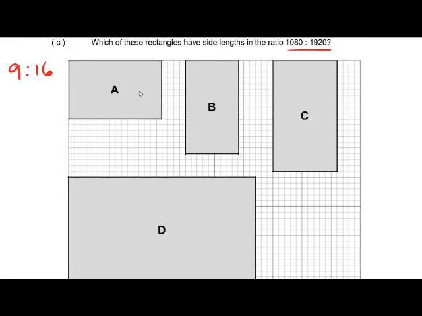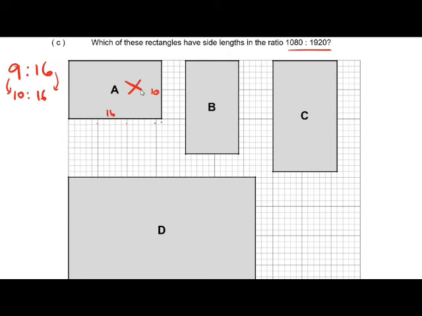So for shape A, just count the squares. There are 5, 10, 15, 16 squares along, and then there are 5, 10 squares down. So we have a ratio of 16 to 10 for shape A. And this matches up, but this doesn't. So shape A is not in that ratio.